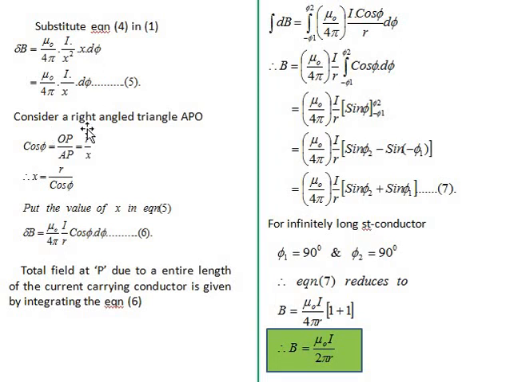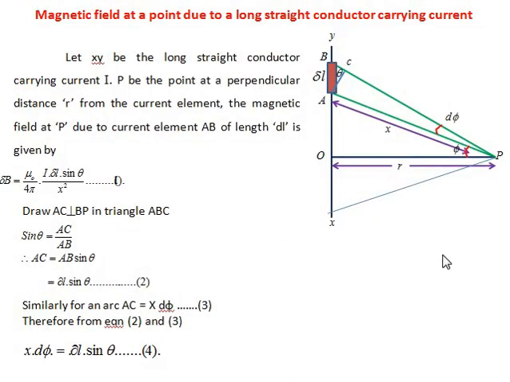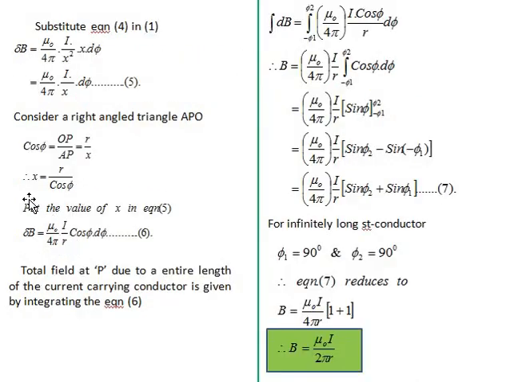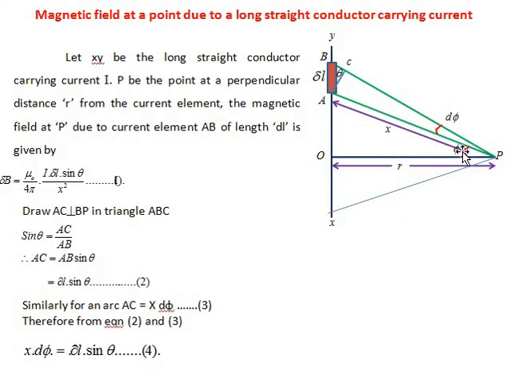Consider a right angle triangle APO. A, P, O. So this is a right angled triangle here, and this phi is the angle. So cos phi is equal to OP by AP, that is the hypotenuse.